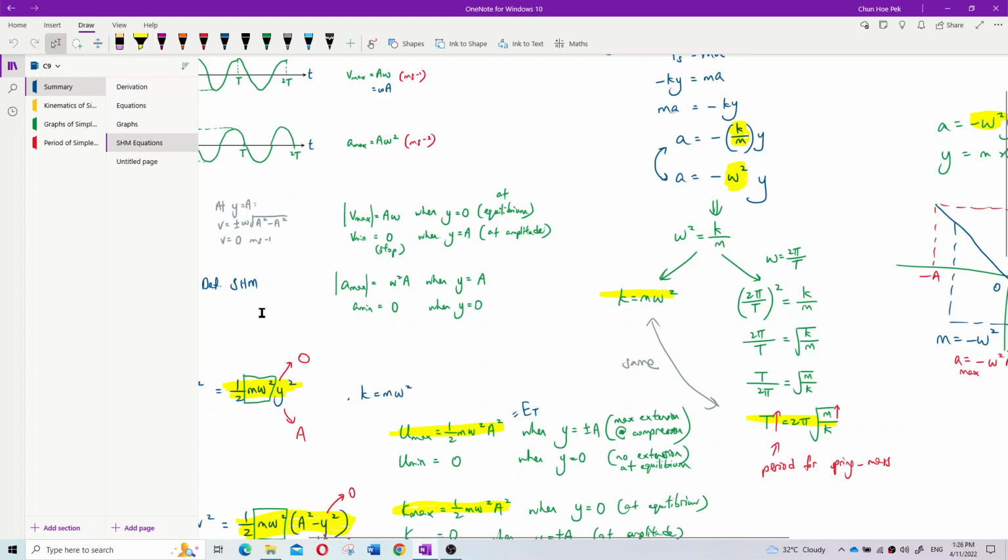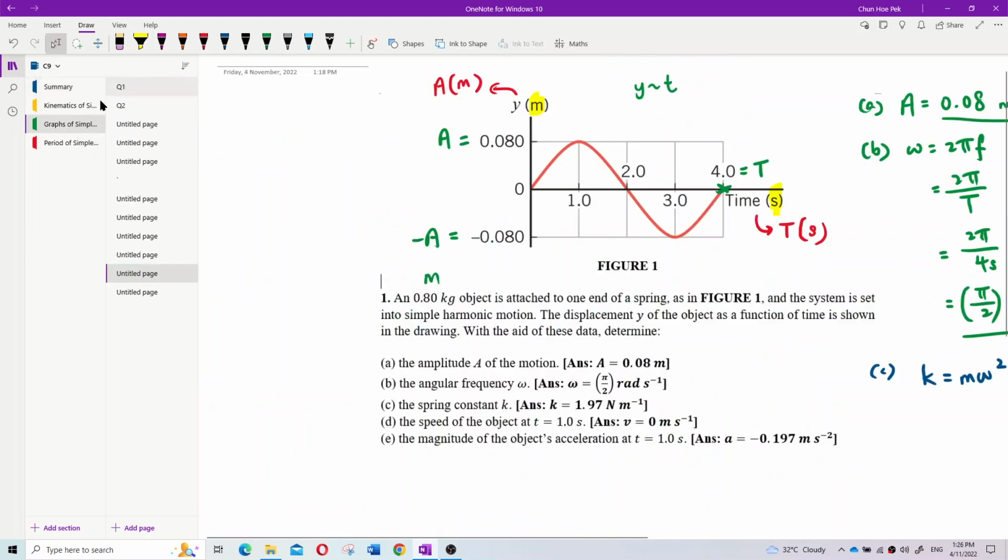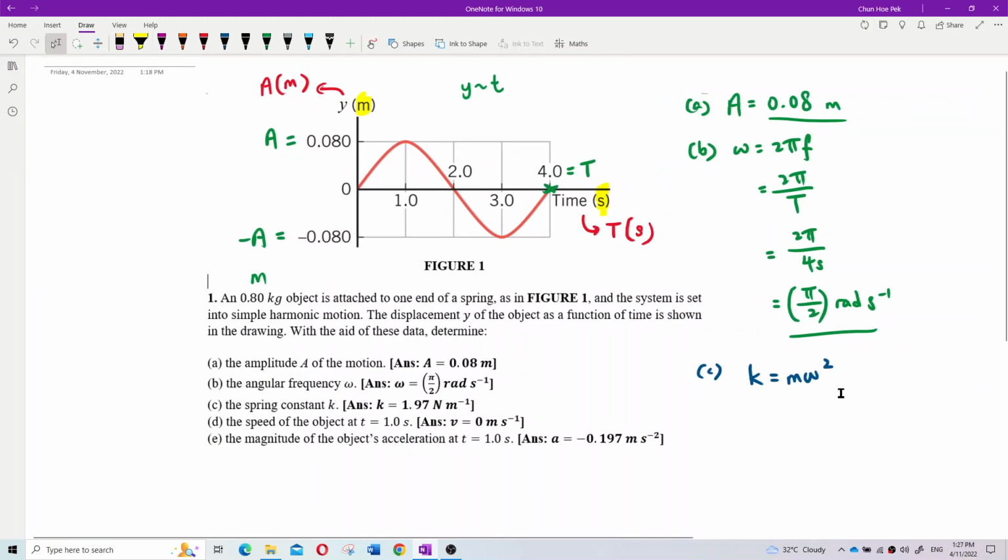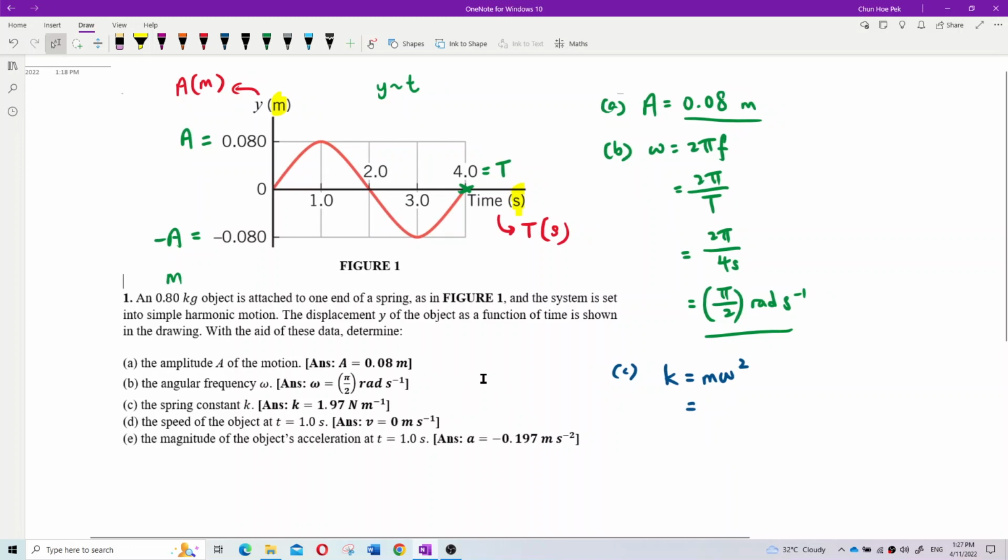So K is m omega square. Do we have the mass? Of course, we have the mass, 0.8 kilogram. So just put in the mass, 0.8 kilogram, multiplied by omega, which is pi over 2, squared.